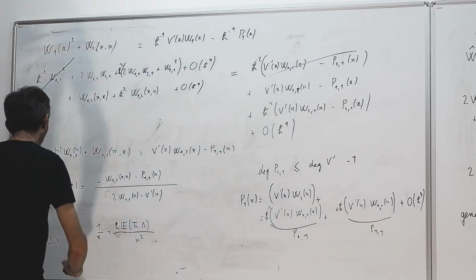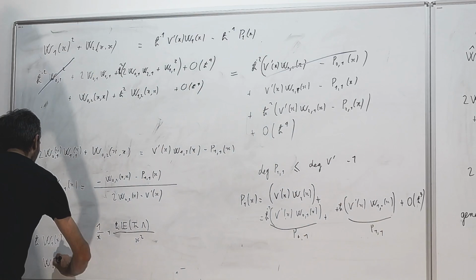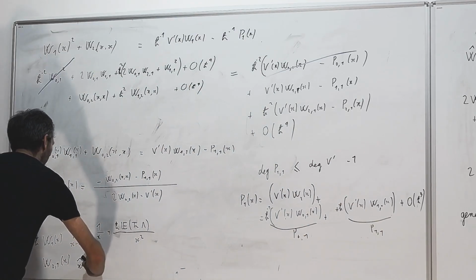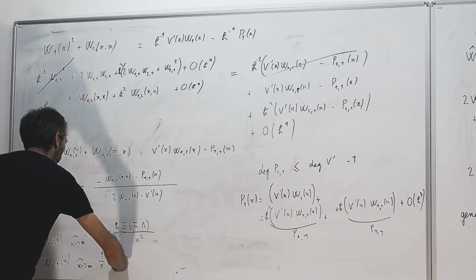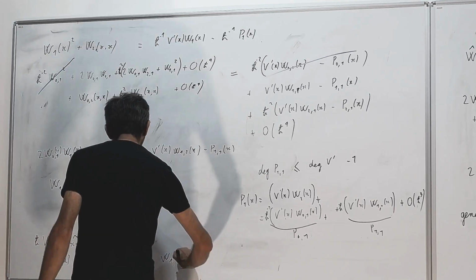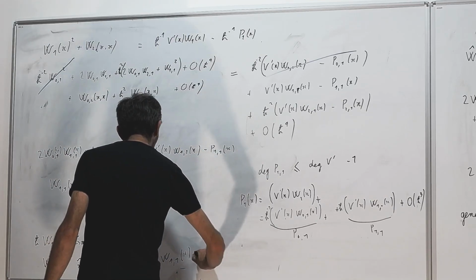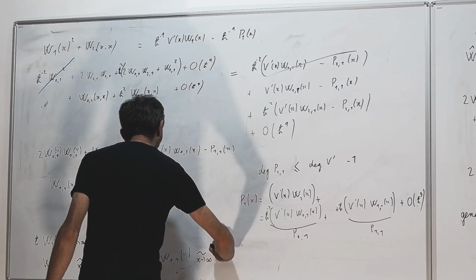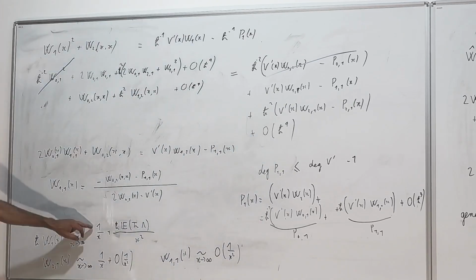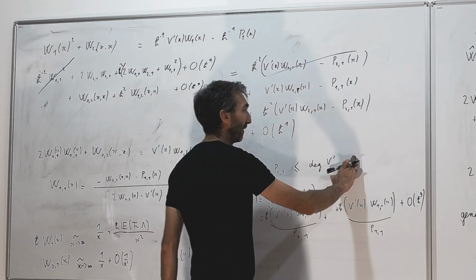So which means that W01 of x behaves at x to infinity as 1 over x plus O of 1 over x squared. But W11 of x should behave at infinity as O of 1 over x squared, just because the leading coefficient has no h bar expansion. Which means that the degree of P11 is in fact smaller, -2 here.